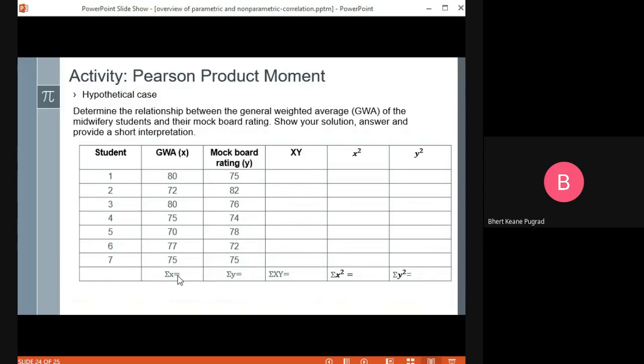Find the summation of x, summation of y, the values of xy, summation of xy, the values of x squared, summation of x squared, y squared, summation of y squared, and determine the value of the Pearson rxy, or the Pearson product moment correlation coefficient. You could also use your scientific calculator as demonstrated in a separate video.